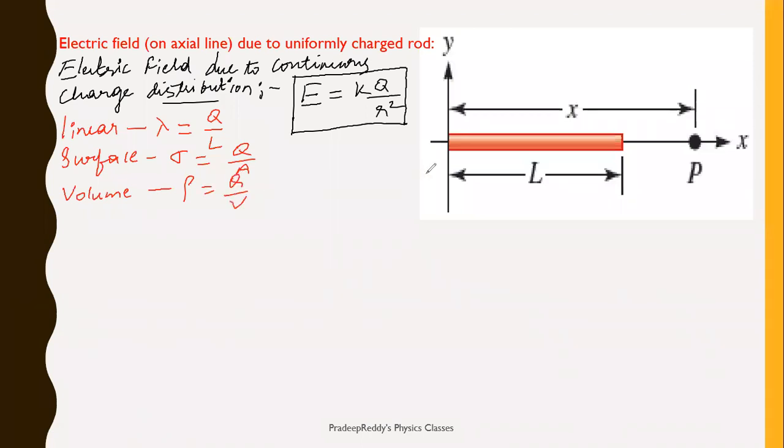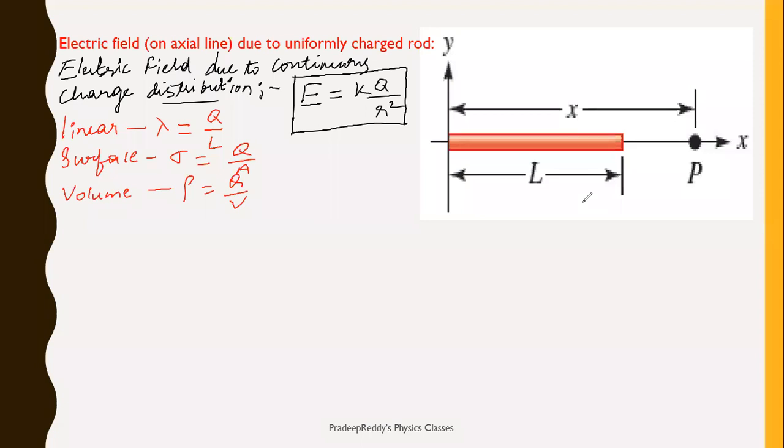So whenever we are dealing with extended charges, you need to check which type of extension it is, whether the charge is distributed along the length, along the surface, or along the volume. Any material, whether it can be a rod or a ring, definitely comes under any one of these: linear distribution, surface distribution or volume distribution.